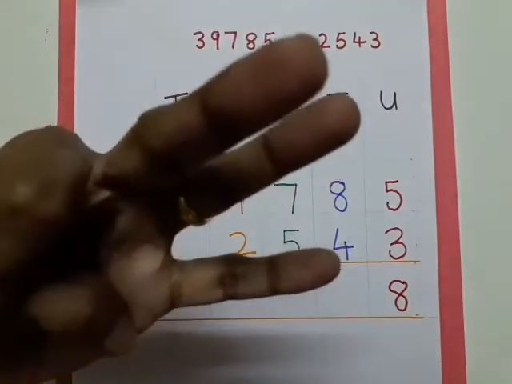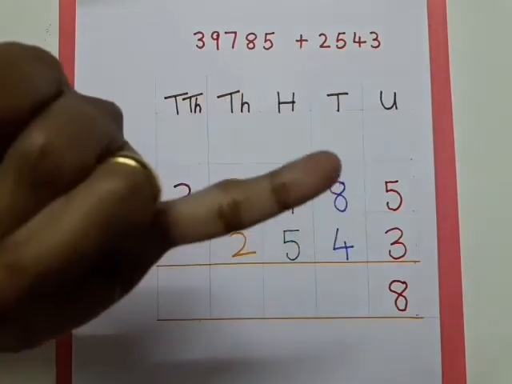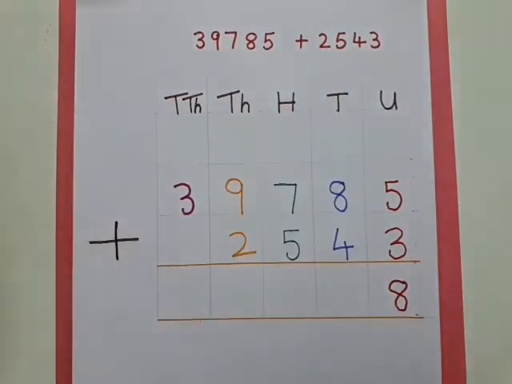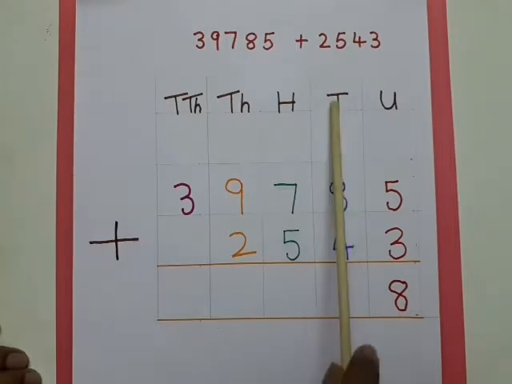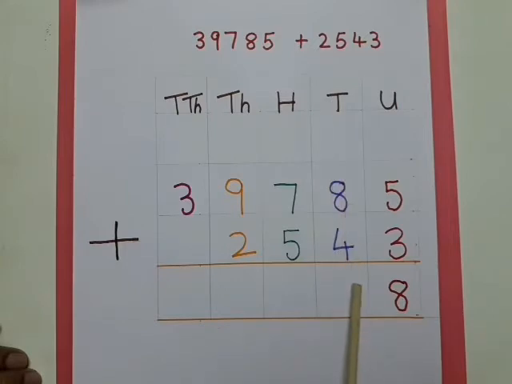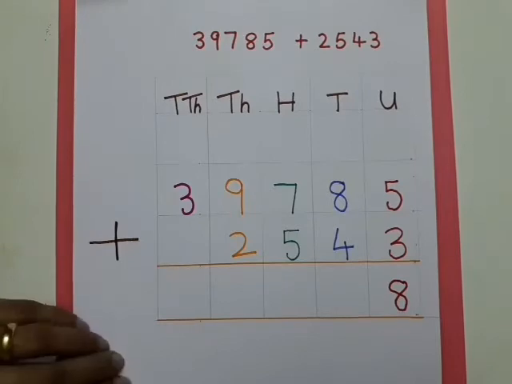That is 9, 10, 11, 12. Now children, 12 is a double digit number. And here we can write only one digit number. So how we are going to write 12 which is in the tens place. Now I will explain to you how we will write.